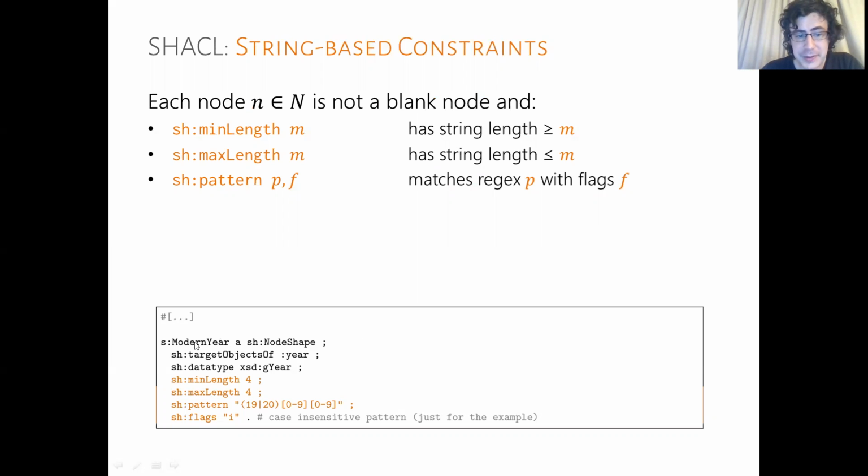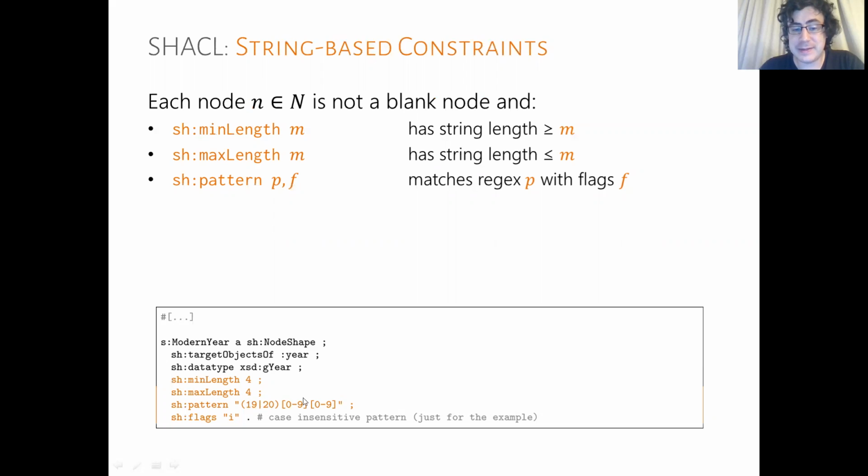So we'll take our example here where we have a node shape defined to be the modern year since 1900, let's say. The shape will target the objects of the property year. We're going to require that they have the data type G year, that they have min length and max length 4. So they have length of 4.